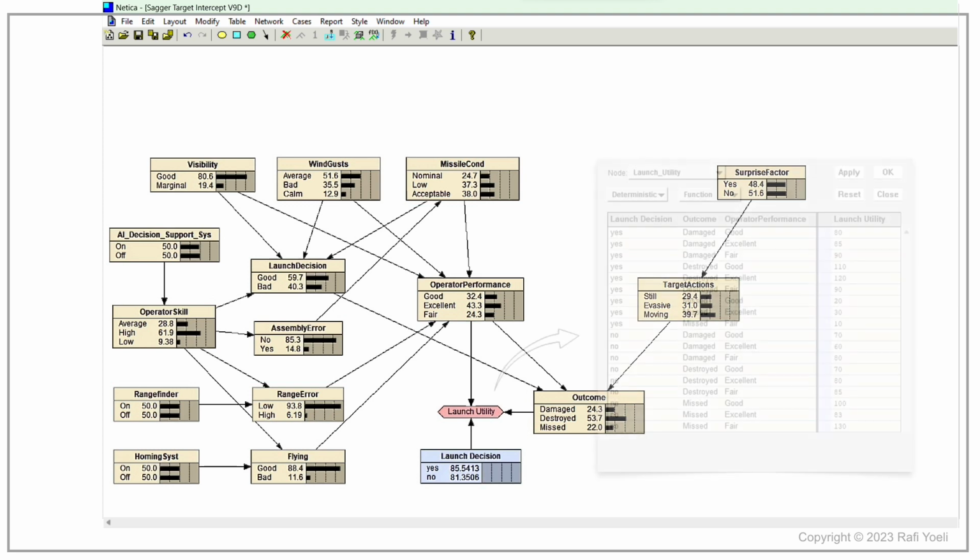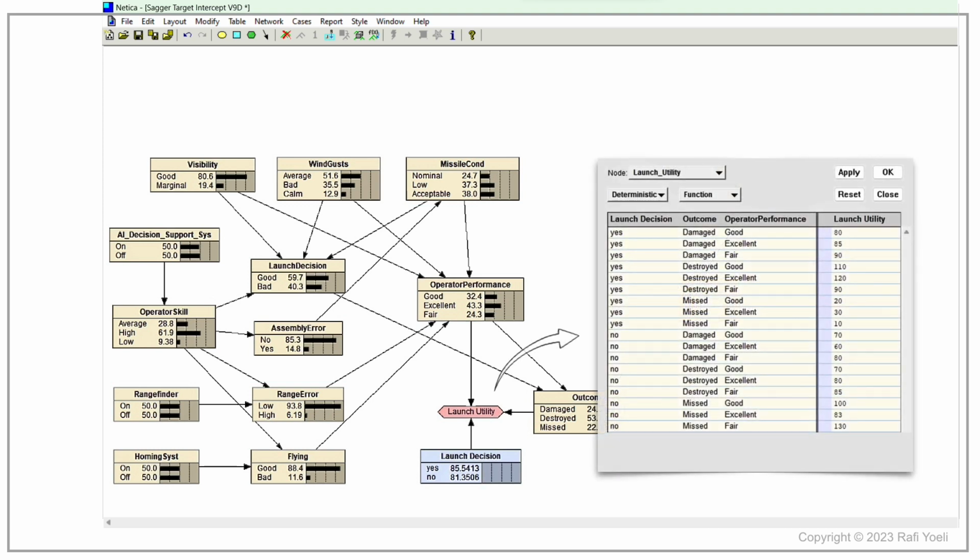Let us see now how this unique node looks on the inside. On the left are all possible combinations of the states of the utility node's parents. Note that everything is still speculative, because we don't know for sure which of these combinations will in fact occur. So we are preparing for all combinations. Let's look for a minute at line number 5. Here is a case where the target will likely be destroyed and the operator's performance is at a level of excellent.